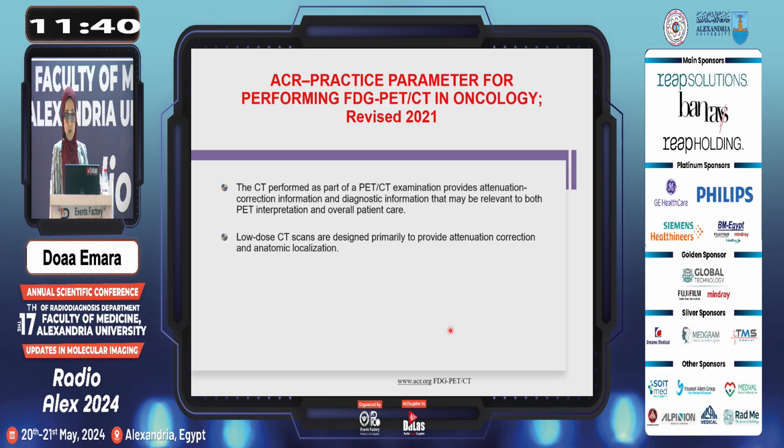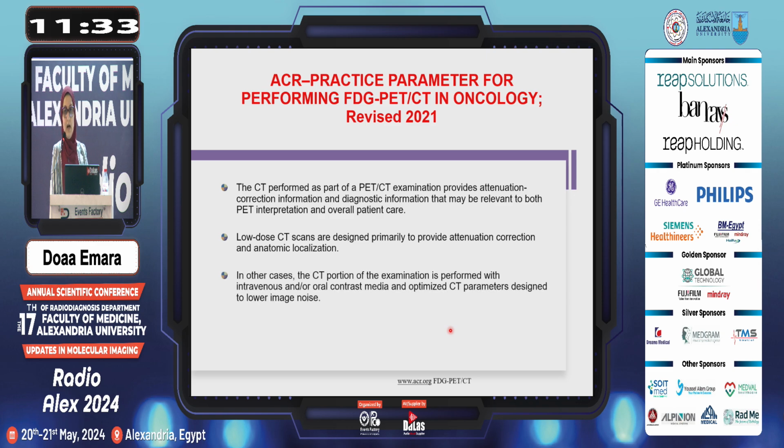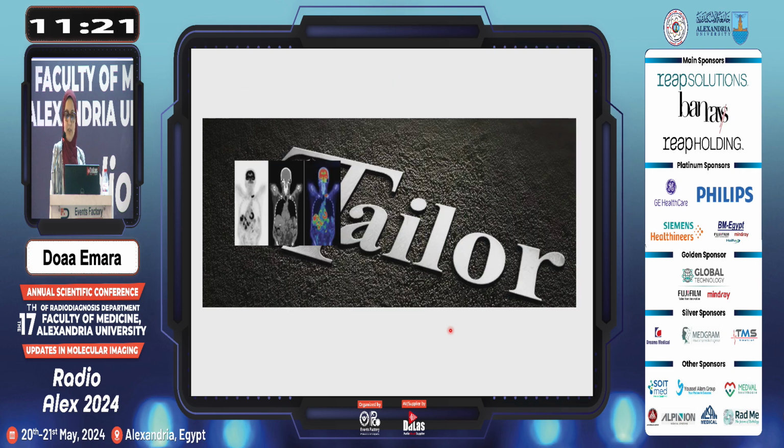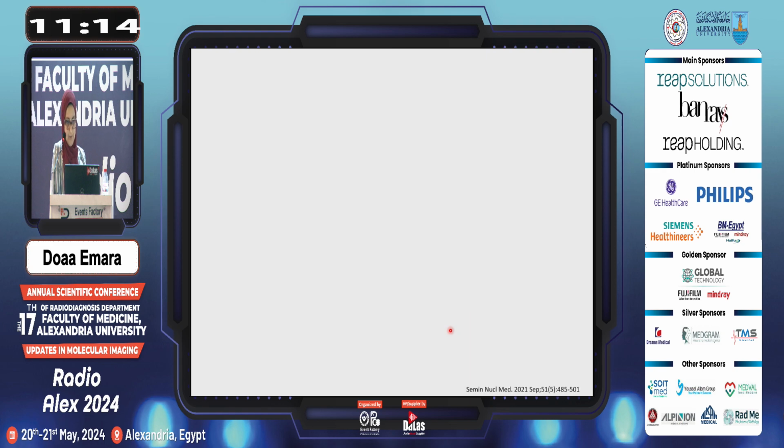And if it's used as a diagnostic tool, we have to use the full diagnostic protocol according to each case. We may inject intravenous contrast, use bowel preparation and oral contrast. So the PET-CT examination can be tailored by the radiologist according to the clinical data of the patient. And now I'll go through some neoplastic and non-neoplastic lesions.